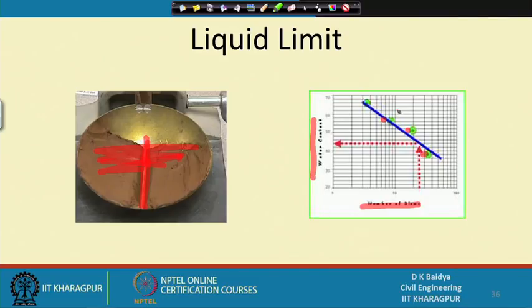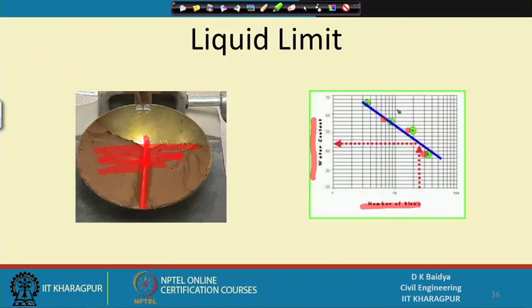The 4-5 points are not exactly at 25 blows. None of the tests may have 25 blows; it may have 18 blows, 22 blows, 35 blows, but you may not get 25. The water content corresponding to 25 blows is the liquid limit.